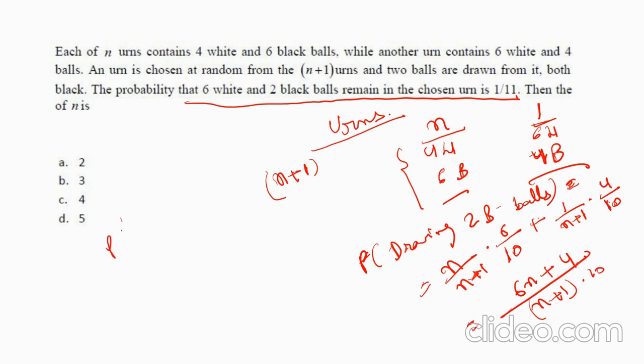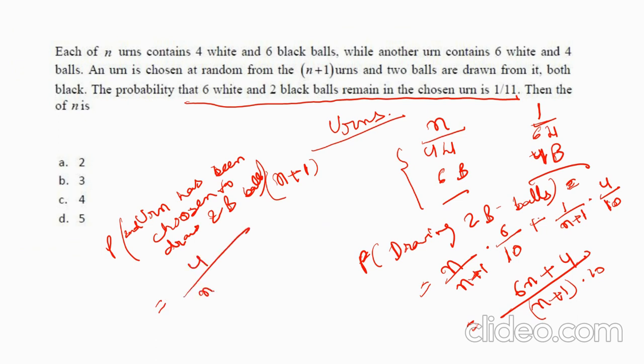So the probability that the second urn has been chosen to draw two black balls, given this condition, will be 4 upon n plus 1 times... Oh, okay, there's a mistake.